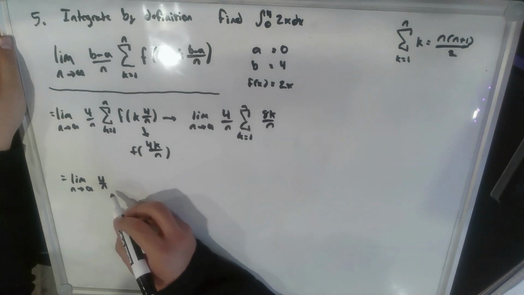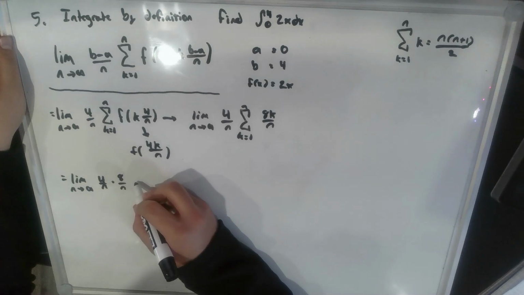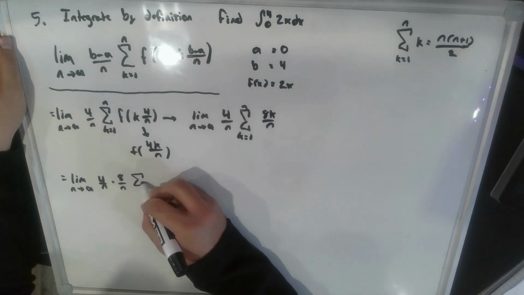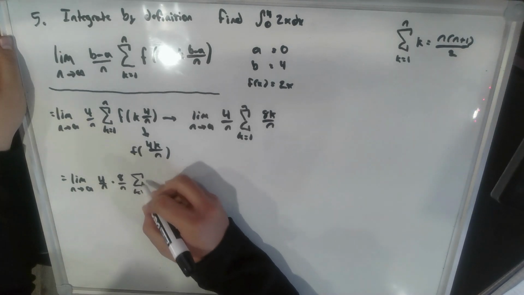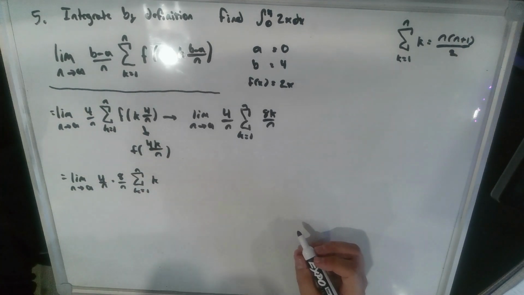So this would be 4 over n times 8 over n with the sum, k equals 1 to n of k.